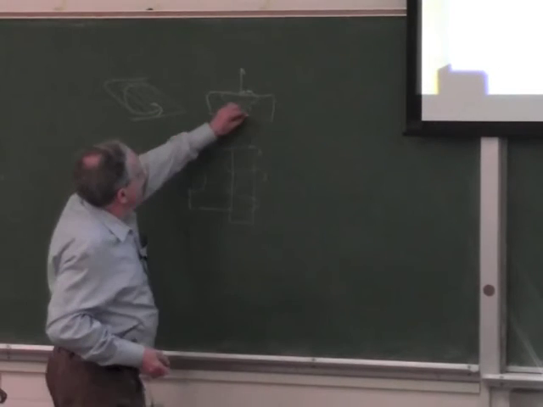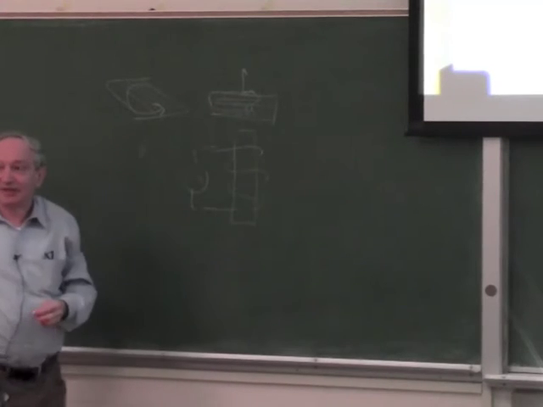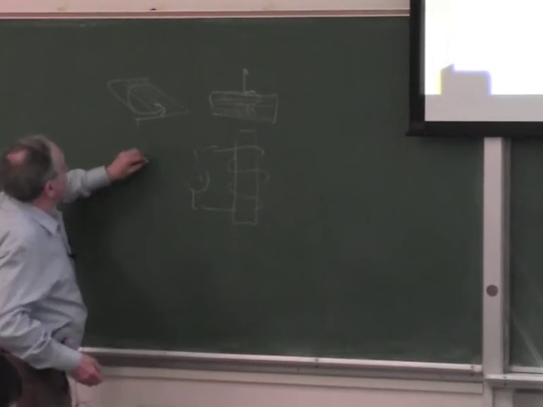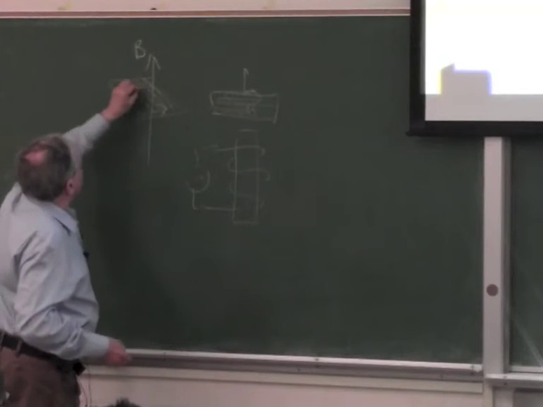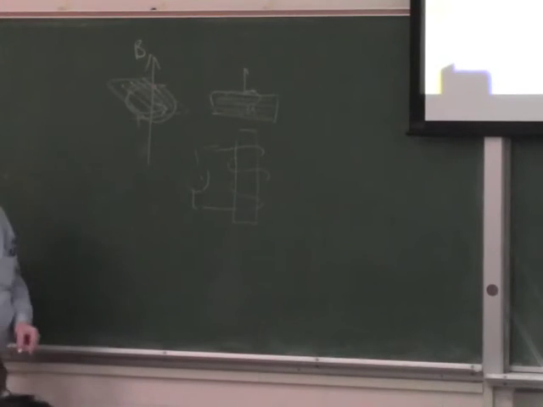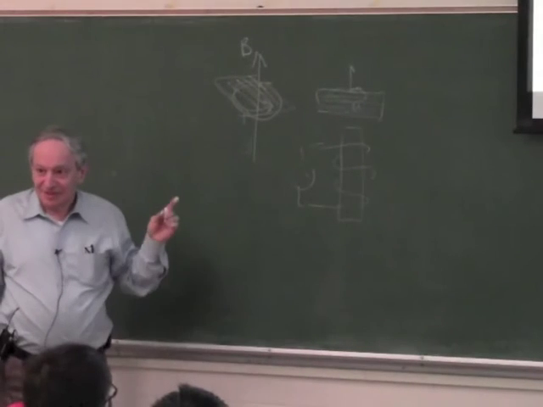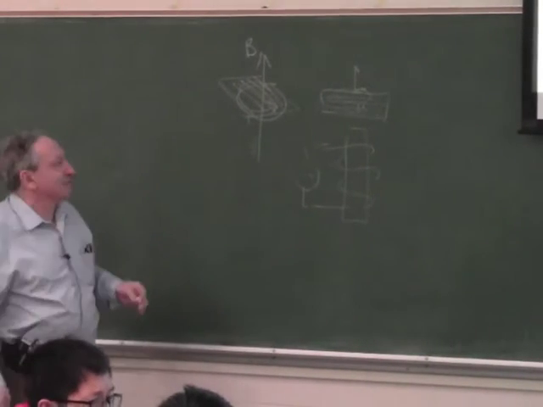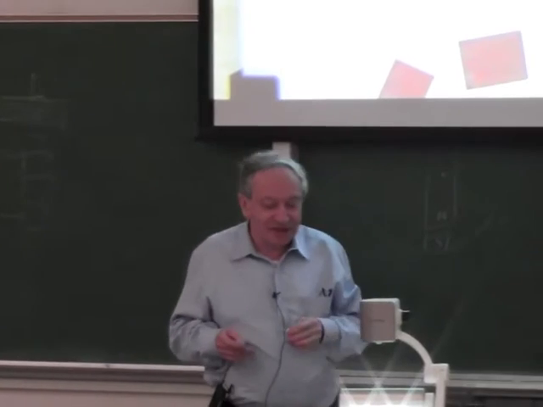If I laminate it this way, it doesn't help at all, because each lamination can have a circle of current. But if this is a field B, I have to laminate it this way, because the current wants to make circles around B. So I have to laminate it this way. Is that clear? It's only one direction of lamination which helps. Okay, so that's one reason motors are laminated, to avoid eddy currents.